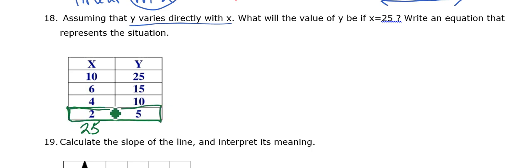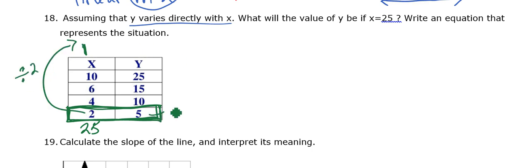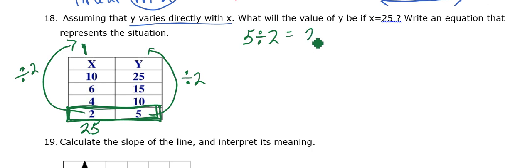Because if I know what y is when x is 2, 2 and 5, then I should be able to write what it is for 1. So 2 and 5, well, to find my unit rate, I'm going to divide by 2. 5 divided by 2 will give me 2.5.